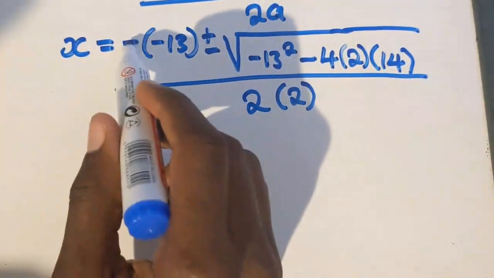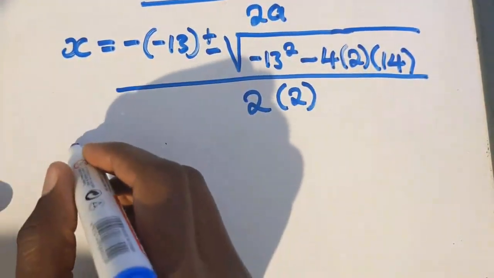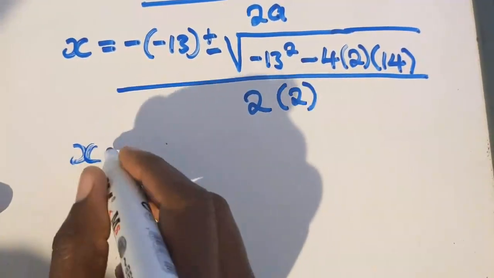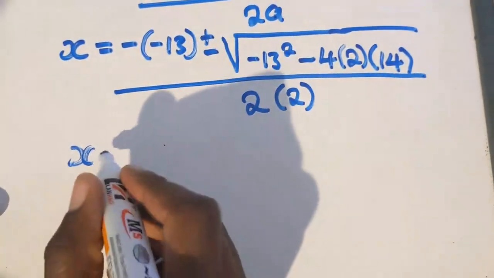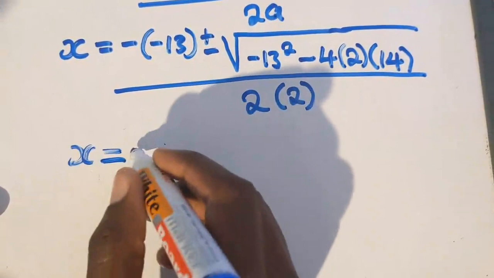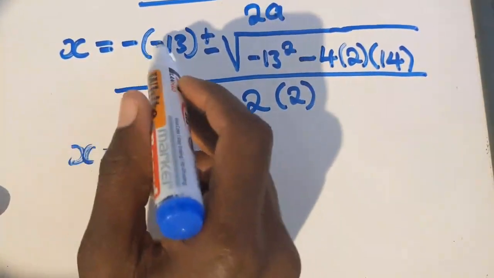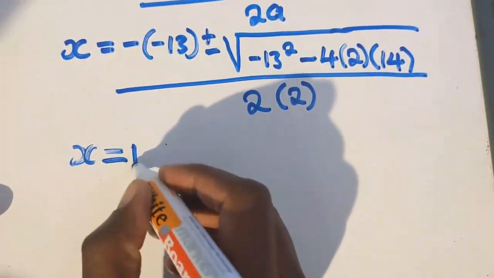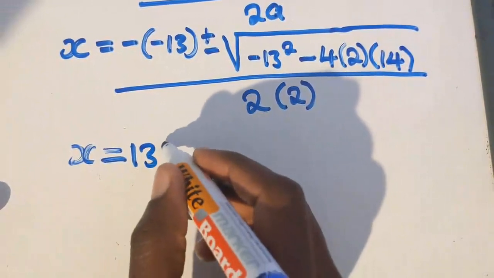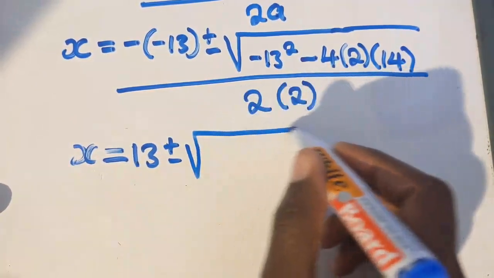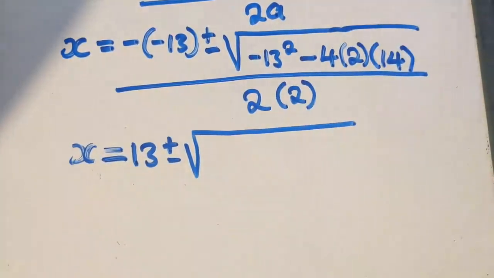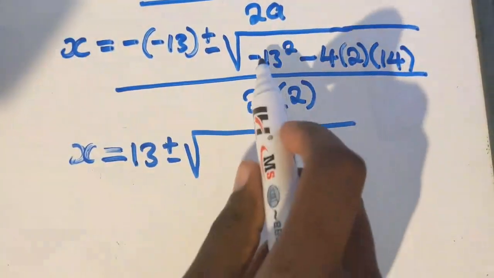Here negative times negative is equal to positive. So x will be equal to positive 13, since negative times negative is positive 13. Then positive or negative root. What is 13 squared?